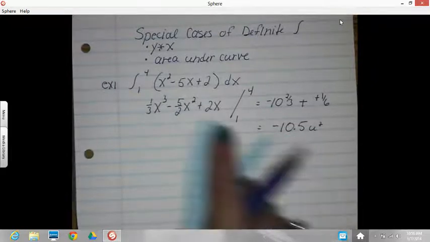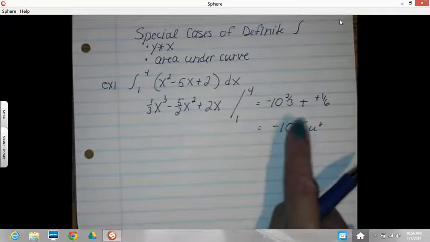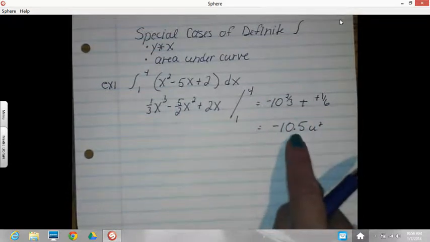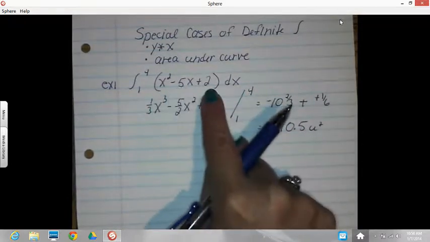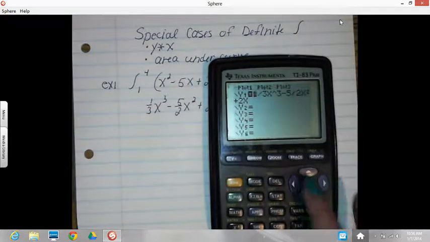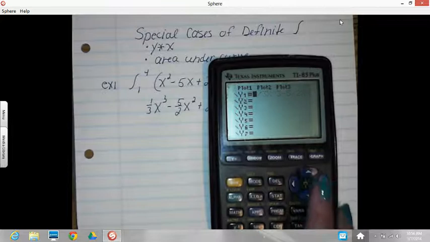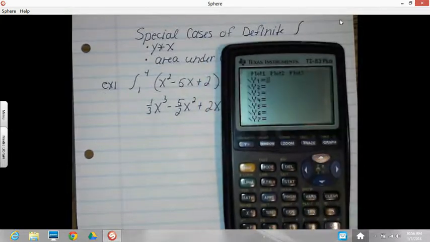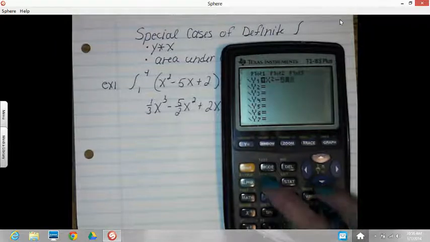So we got a negative integral, and we typically call that the area, but let's see why the integral is coming up negative. If I go back and look at the graph of this, I want the actual original function, x squared minus 5x plus 2.